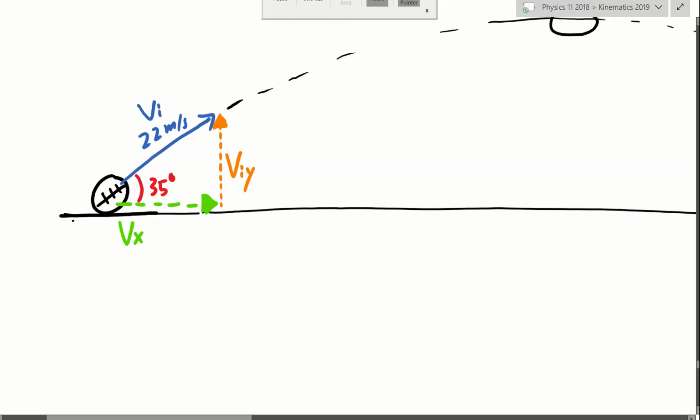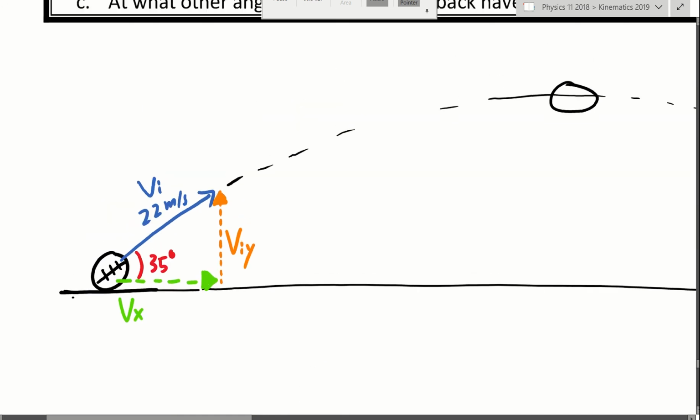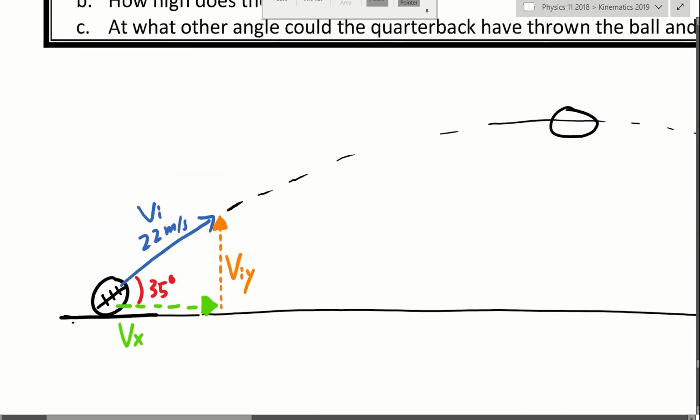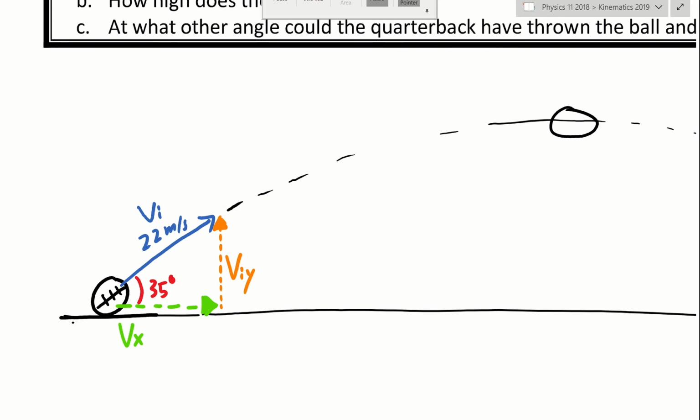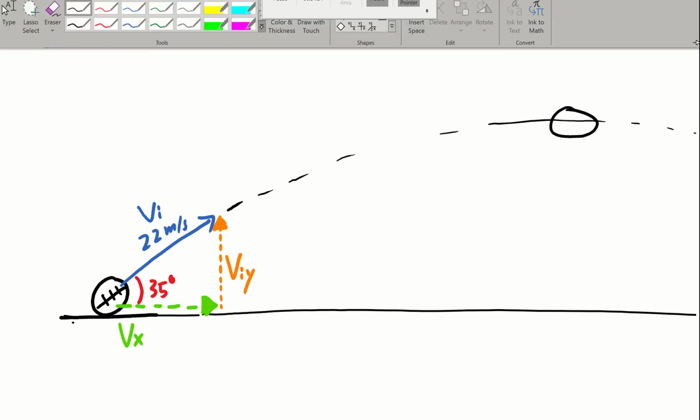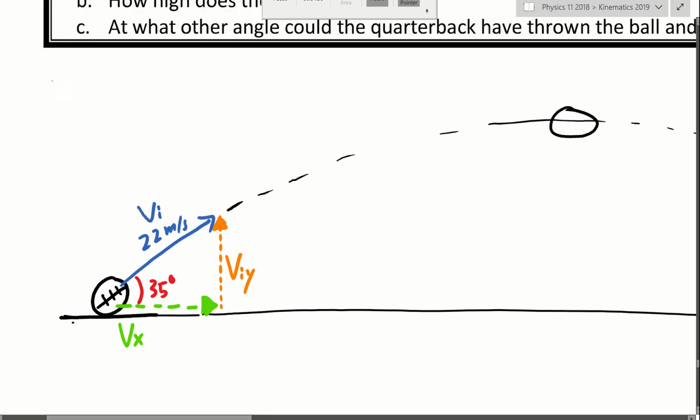Now, how fast can you get me those 2 things from last day's work? Which one takes the sine and which one takes the cosine? Number 1, let's do V initial Y. V initial Y is equal to V initial, which is 22, multiplied by either sine or cosine of that angle.